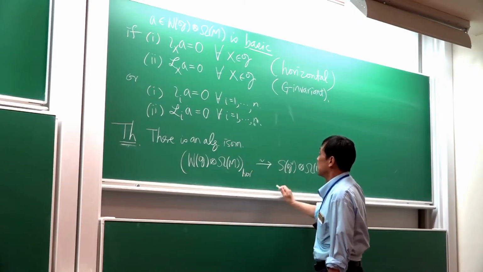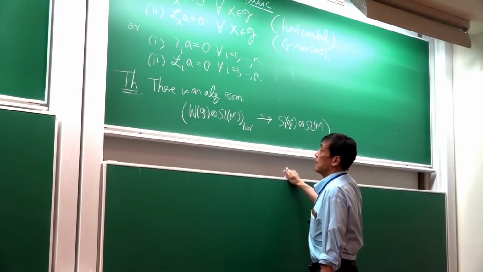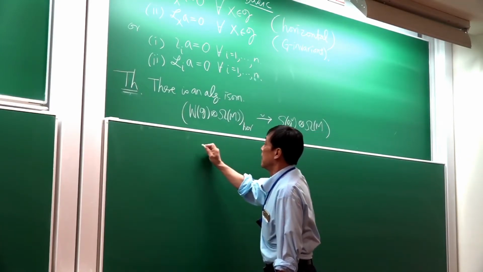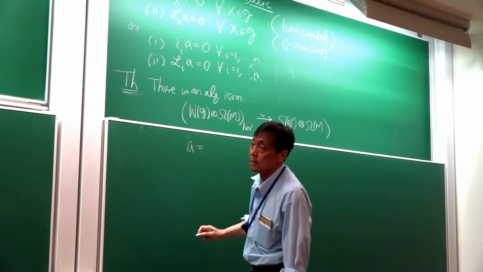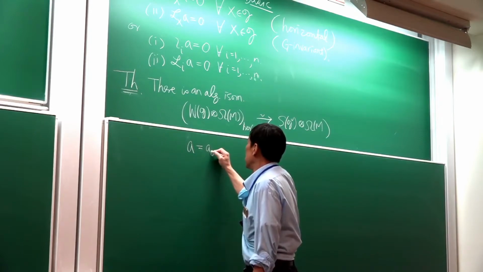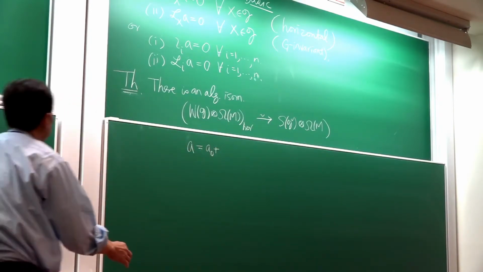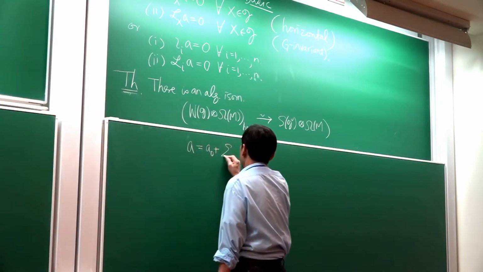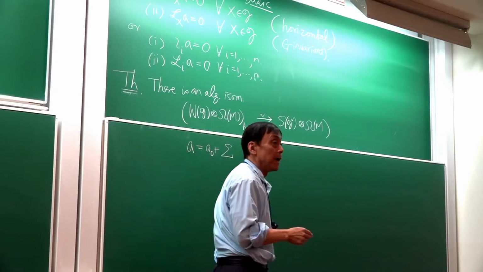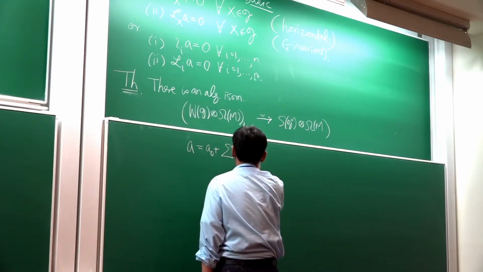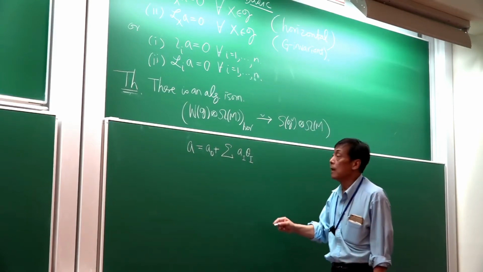So there's an algebra isomorphism, and it's given by, you take A and you write it like that, like A0 plus, okay, the sum of terms with theta sub I. You write it like that, okay?